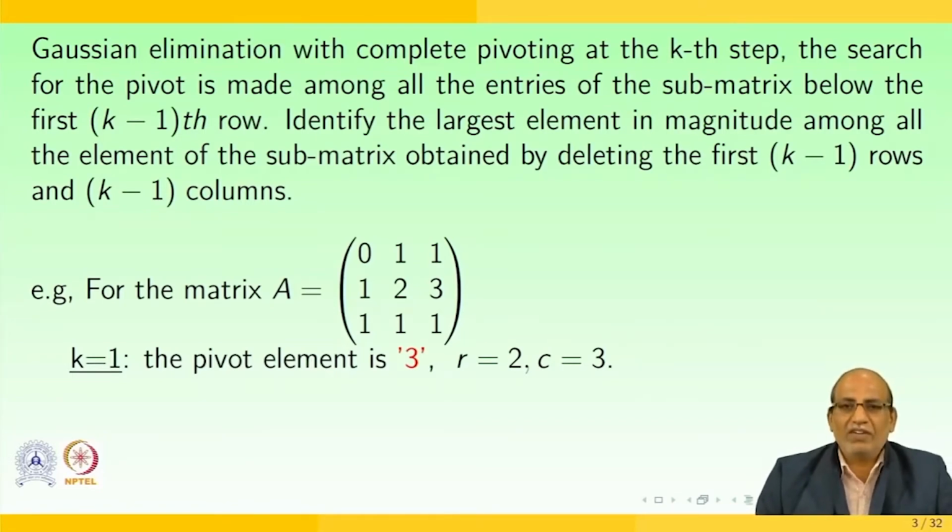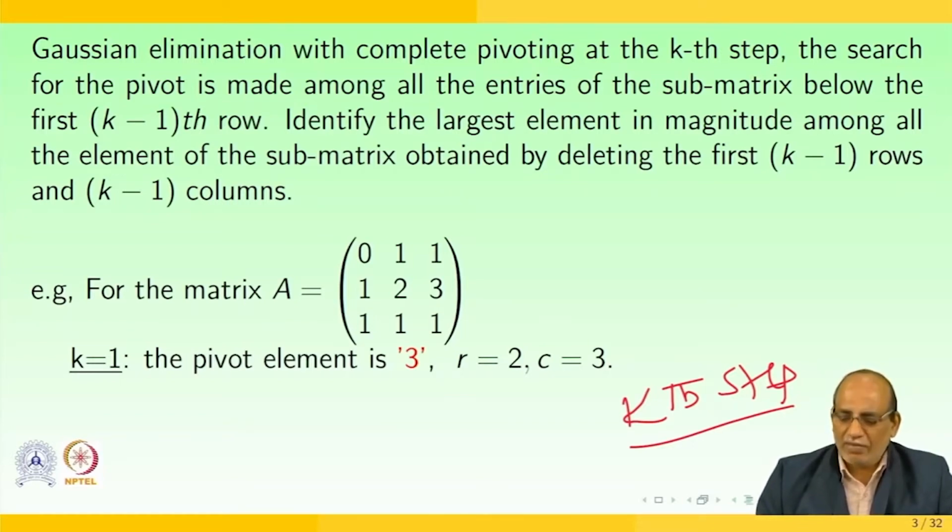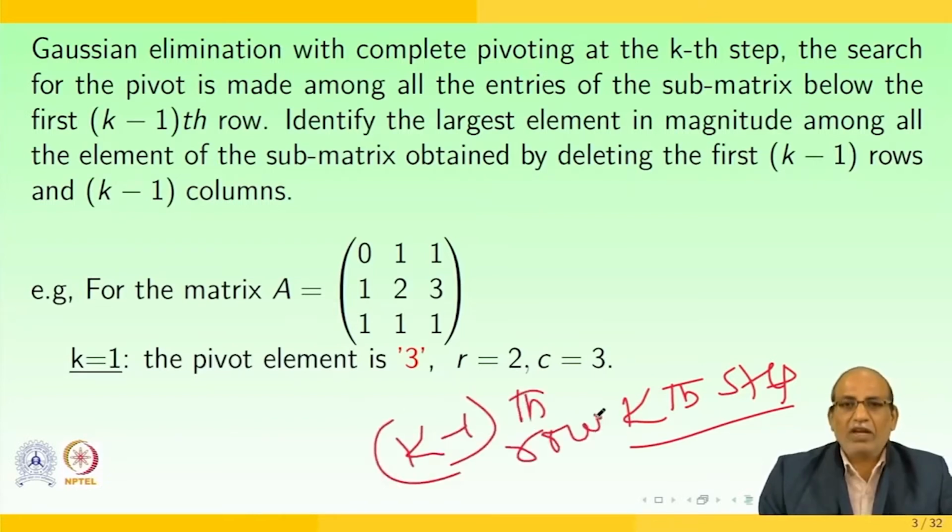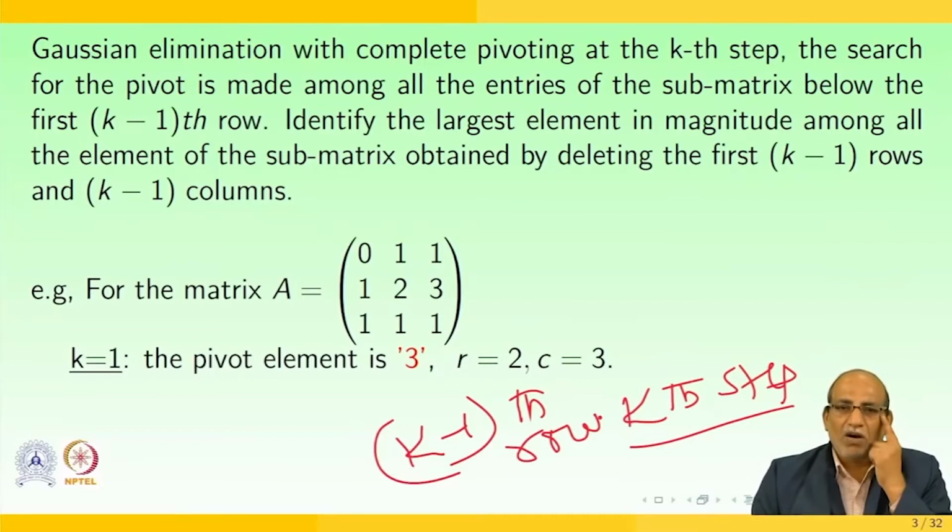In Gaussian elimination with complete pivoting, at the kth step the search for the pivot is made among all the entries of the submatrix below the first k minus 1 rows. We identify the largest element in magnitude among all the elements of the submatrix obtained by deleting the first k minus 1 rows and k minus 1 columns.